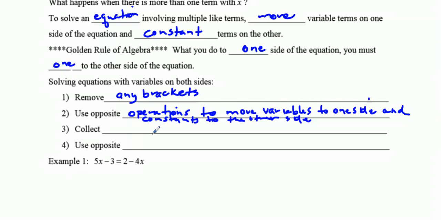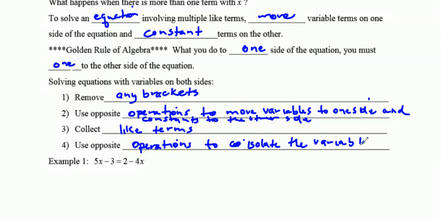You are going to collect like terms, and again you might have a coefficient in front of your variable, so you're going to again use opposite operations one last time to isolate the variable.